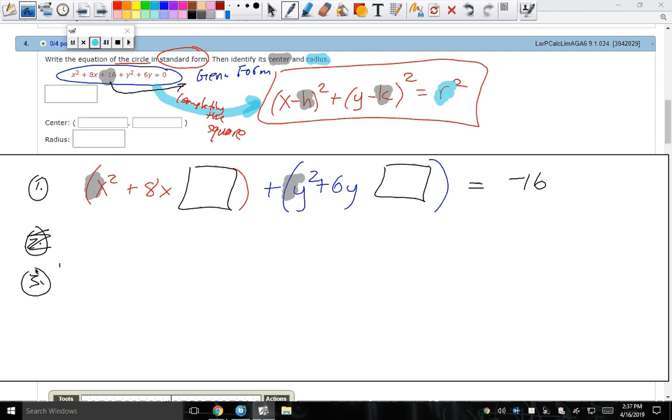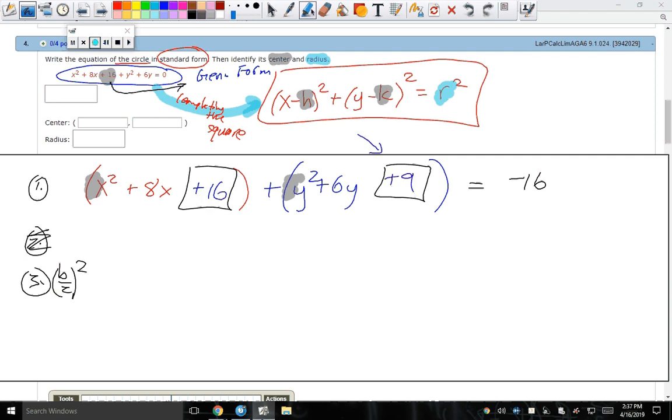And this is the b over 2 squared part. Okay? Can anyone tell me what the b value is for this first one? 8. What's the b value over here? 6. So if I do 8 divided by 2, which is 4, squared is 16, what will this one over here be? 9.